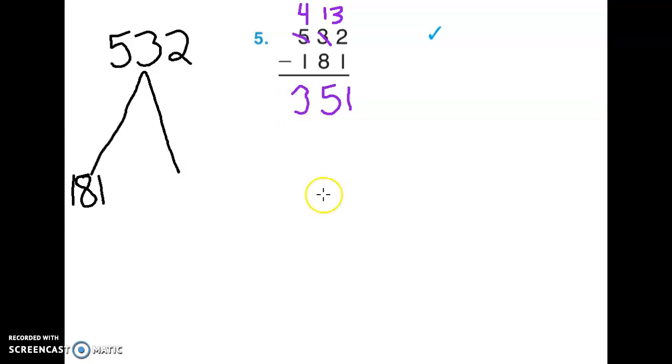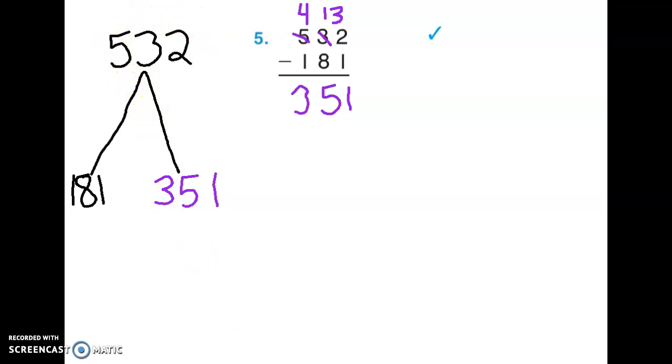Now in this section, you are not done. You don't get to call this good. You need to be 100% sure that this is the correct answer. So I'm going to show you how you can check it. So let me put this in my Math Mountain, 351. So if this is correct, 532 minus 181 equals 351, I can check by saying 351 plus 181 should equal 532.